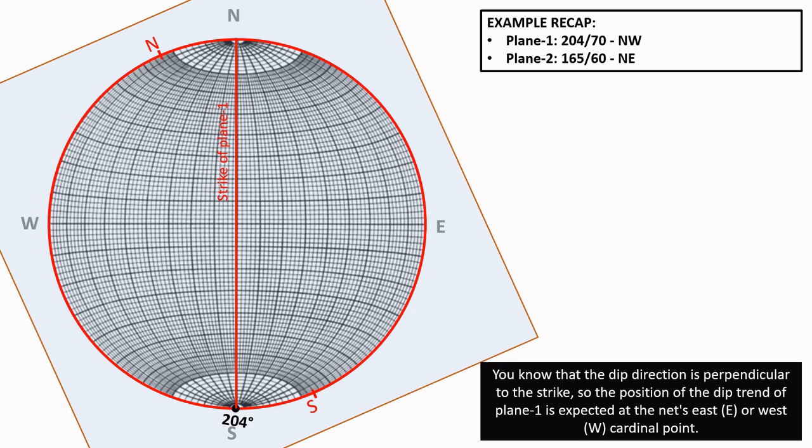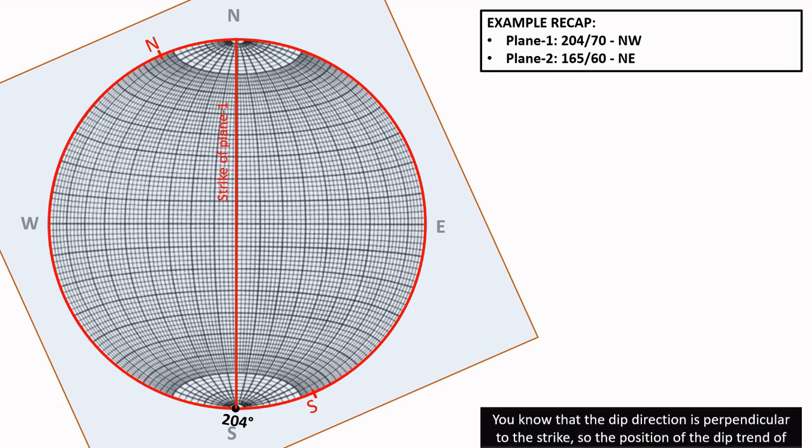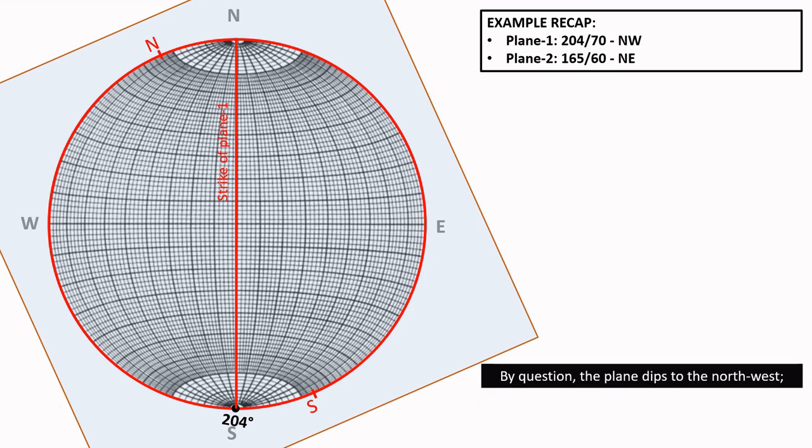You know that the dip direction is perpendicular to the strike. So, the position of the dip trend of plane 1 is expected at the net east E or west W cardinal point. By equation, the plane dips to the northwest.